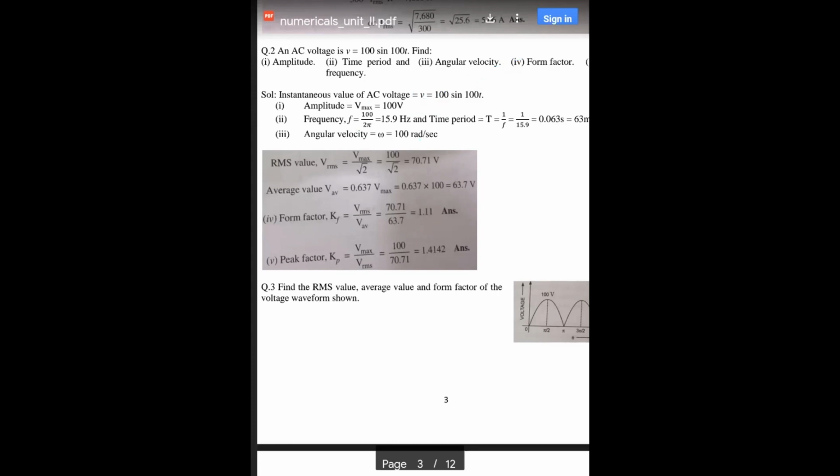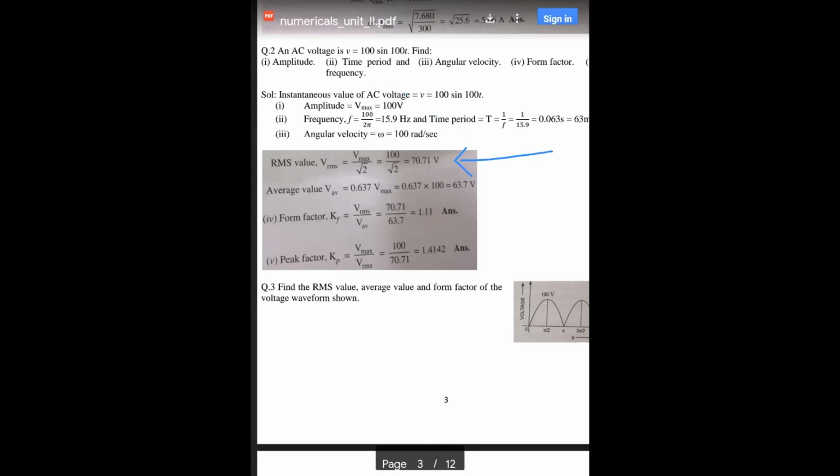Okay. So next is the RMS value. This we know, voltage is 100. This is the maximum value. When we divide by root 2, we get the RMS value, and the average value is 0.637 Vmax.